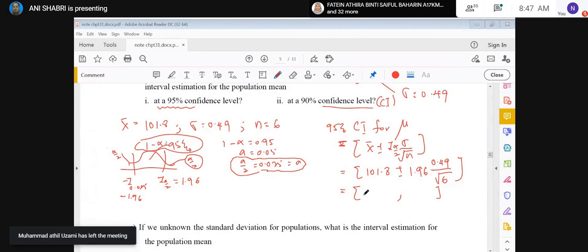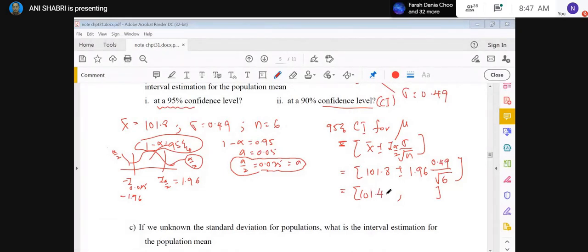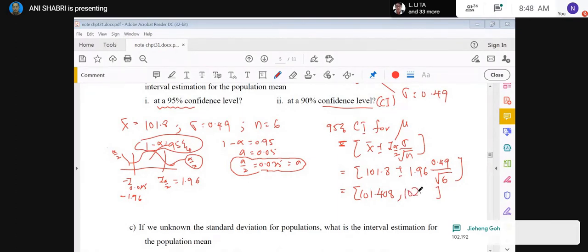The one in front we can get is 101.448. And the one at the back is 102.192.